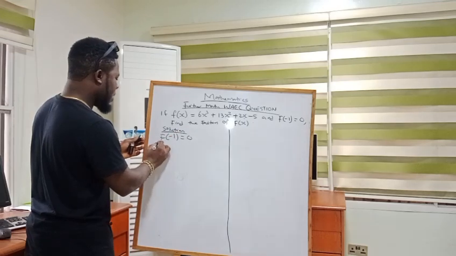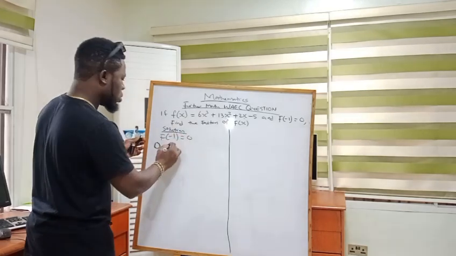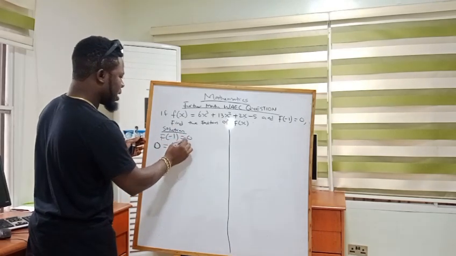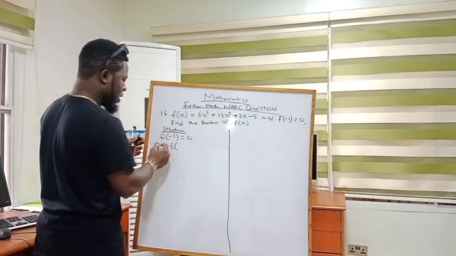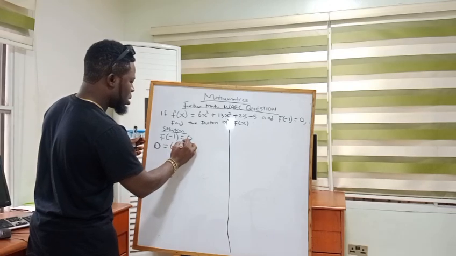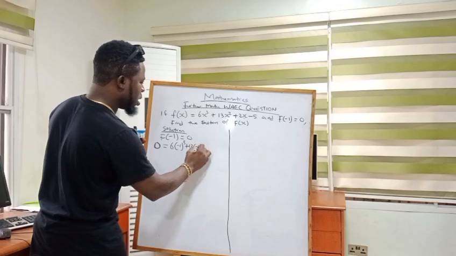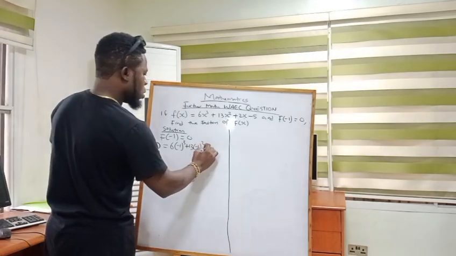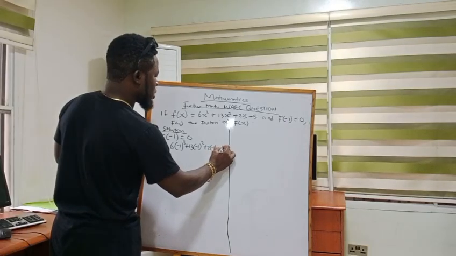So f of minus 1, which is 0, will be equal to 6 into brackets minus 1 raised to power 3, plus 13 into brackets minus 1 raised to power 2, plus 2 into brackets minus 1, then minus 5.